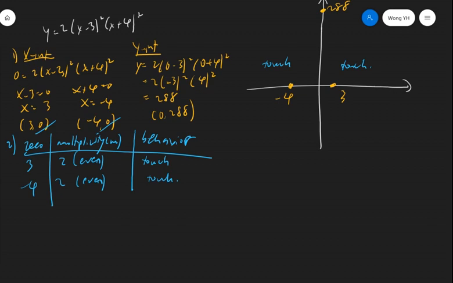Alright, the third information that we can go and find out is the end behavior. For end behavior, we will have to find the power function. The power function, you cannot just use anything from here, because you need to analyze it. So the power function will be 2x squared times x squared. Be careful, x is power 2, x is power 2, so you add up the exponent. So it's x power 4.